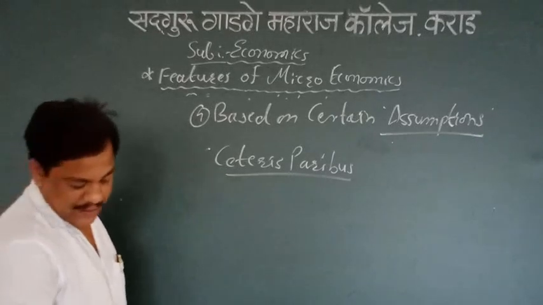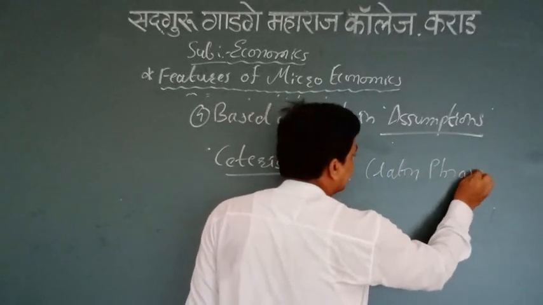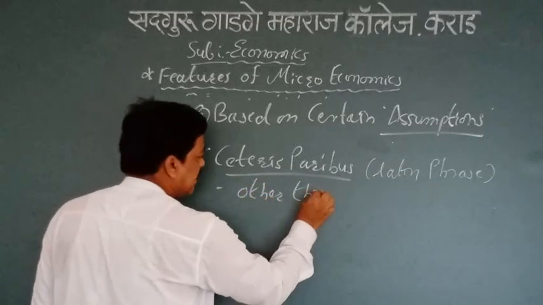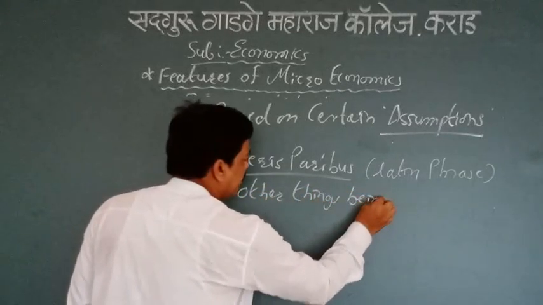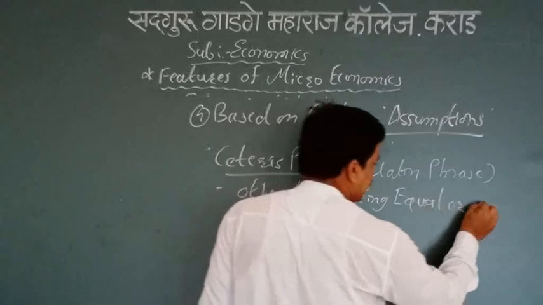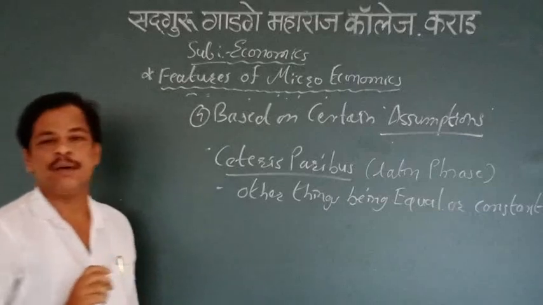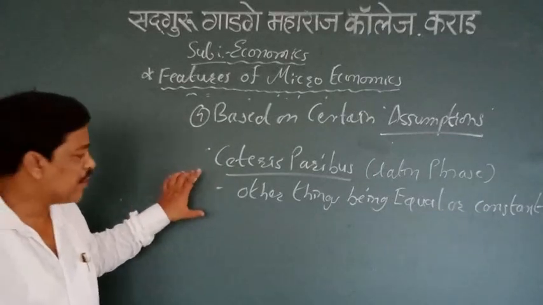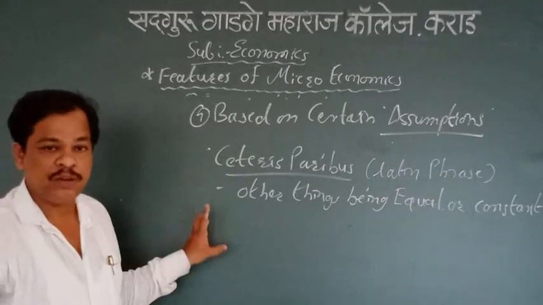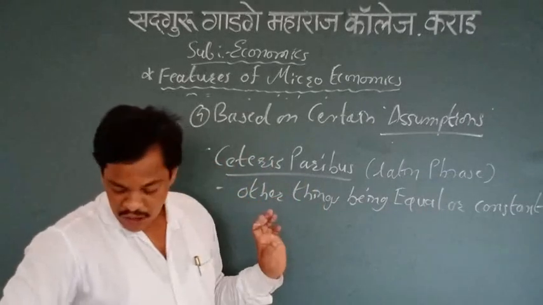It is a Latin phrase meaning other things being equal, or you can say constant. When we discuss the law of demand, the income of a person should not change, and the taste of a person should not change. These things should remain constant. Ceteris paribus says that other things are equal or constant.